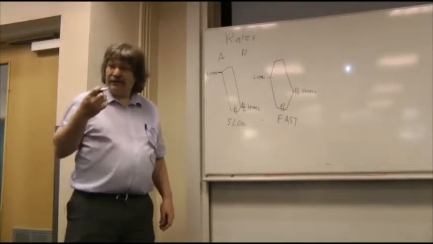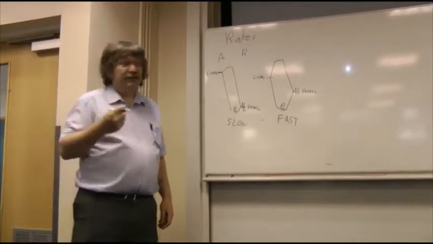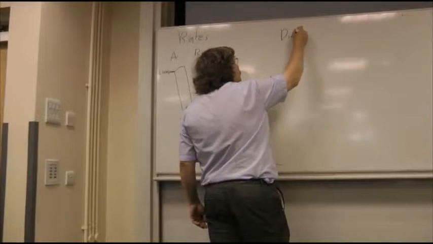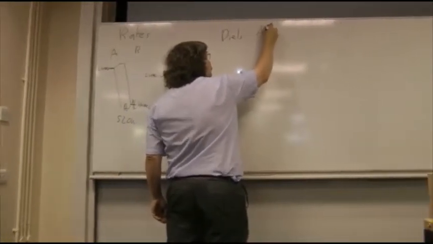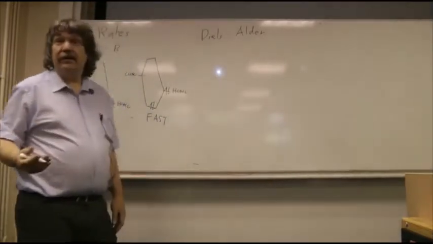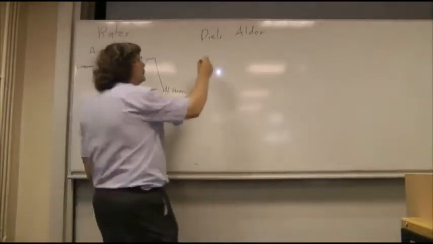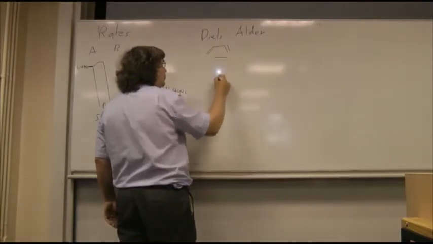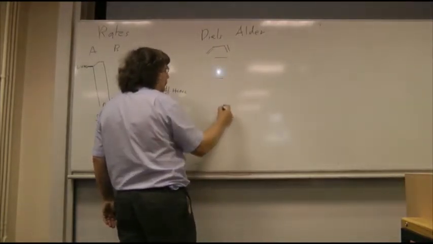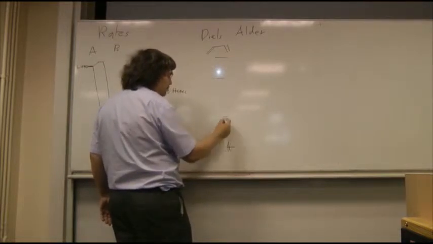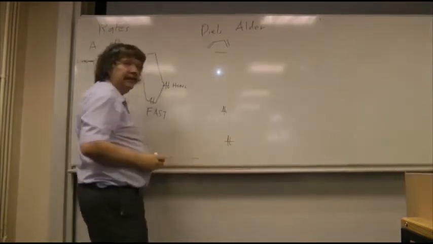Now if we take the specific example we're going to look at, which is the Diels-Alder reaction, we've got a diene and we've got an alkene component. So here's our diene, and here are the four energy levels of that diene.